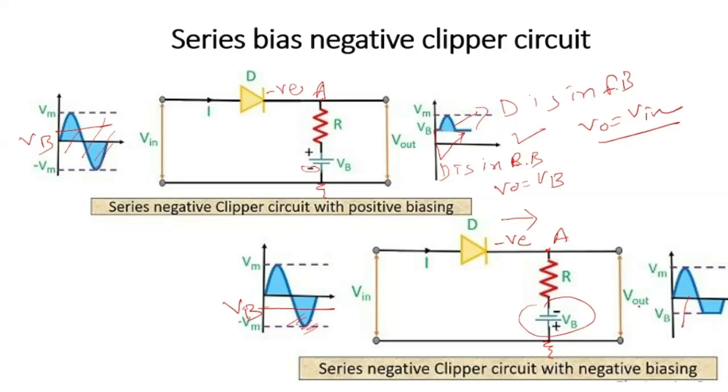The diode is in forward bias and the output voltage is equal to Vin. For the negative half cycle there are two cases: Vin less than VB and Vin greater than VB. For the clipping time, the diode is in reverse bias and the output voltage is equal to VB, and otherwise the output voltage is equal to Vin.